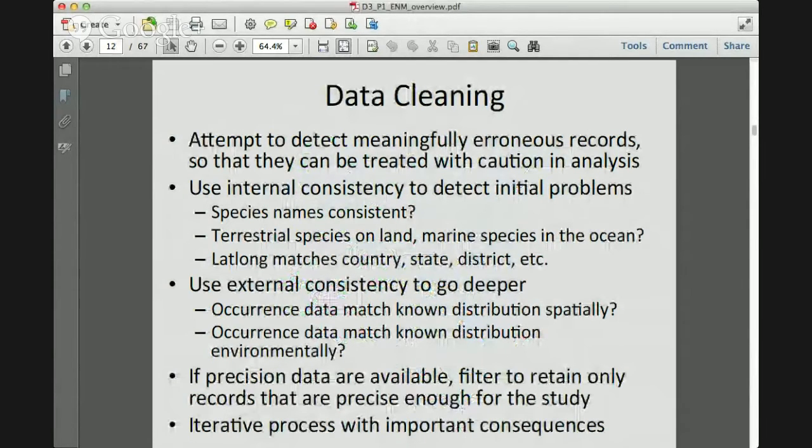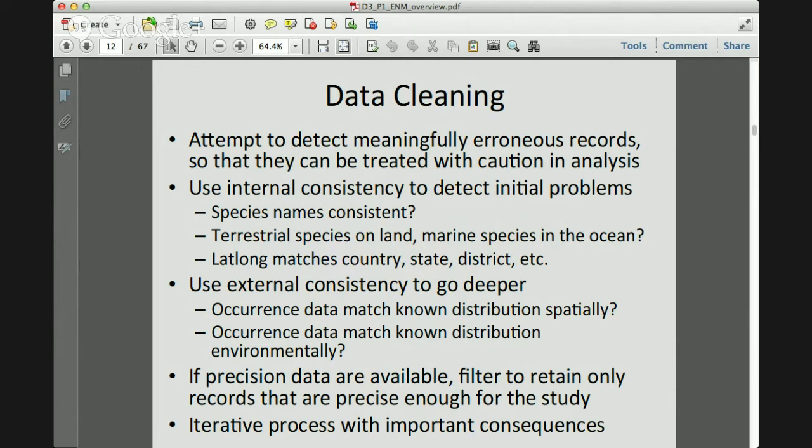And we can call that data cleaning, where we're attempting to detect seriously erroneous records so that they can either be excluded or treated with caution when we do our analyses. We can look at issues of internal consistency, like does the latitude longitude match the country or the state or the district?